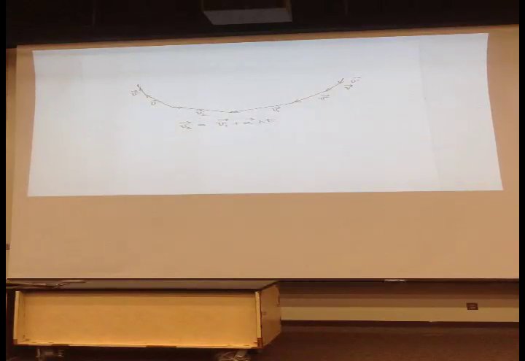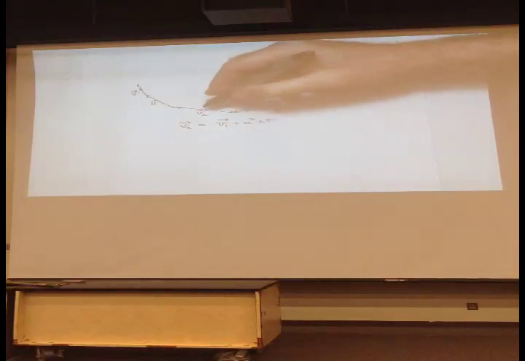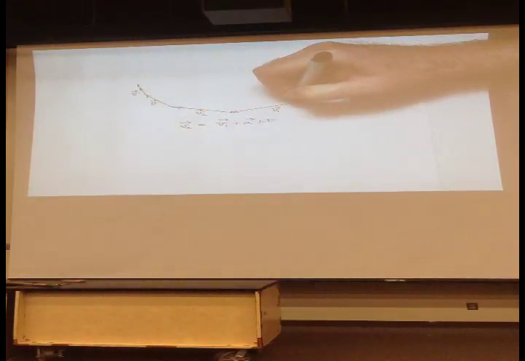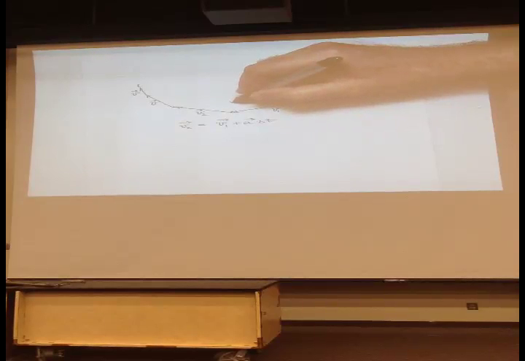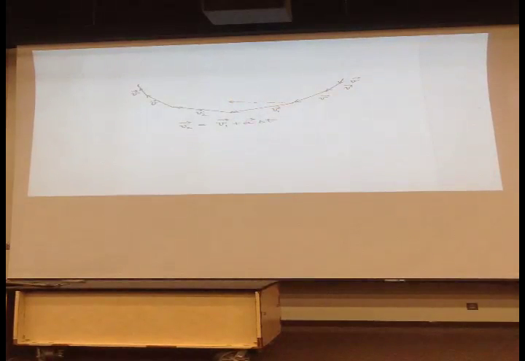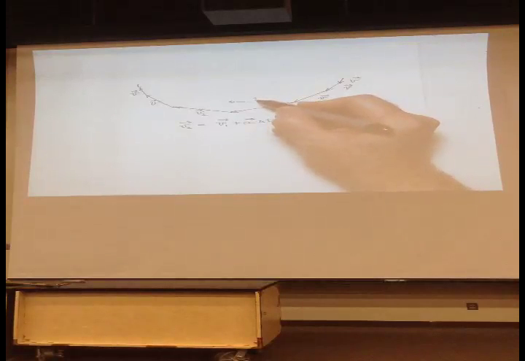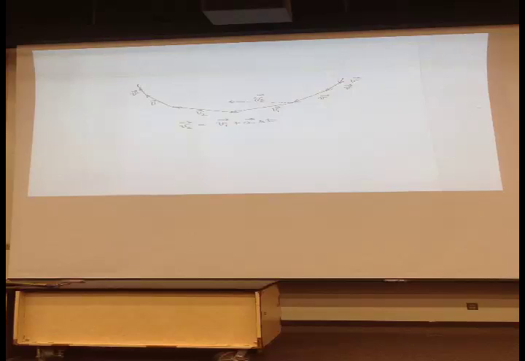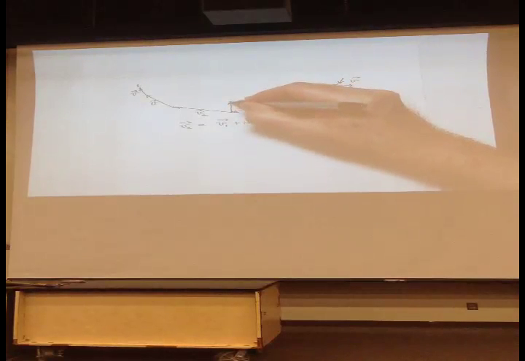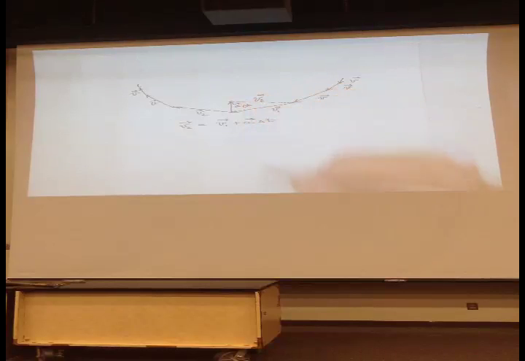One easy way of doing that is to take V2 and put it with the same tail as V1, here. This will be V2. And now you know that A delta T has to be this.